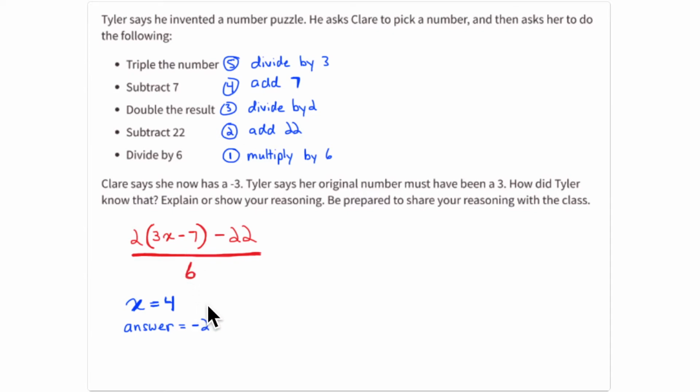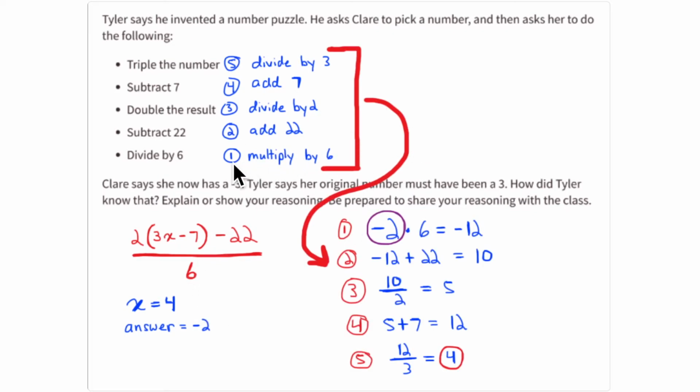But now if I work backwards, I'm going to first multiply by 6. So instead of divide by 6, I'm going to multiply by 6. Instead of subtract 22, I'm going to add 22. So I'm working in the opposite direction. I'm starting with negative 2, multiplying by 6, adding 22, dividing by 2, adding 7, and dividing by 3, and I get 4. So you take the answer and add 6 to that, and that gets you to 4.